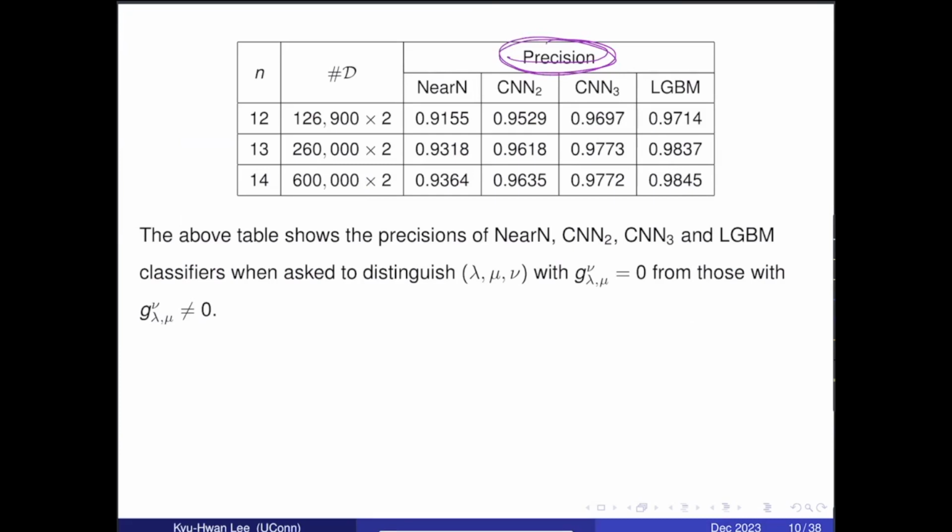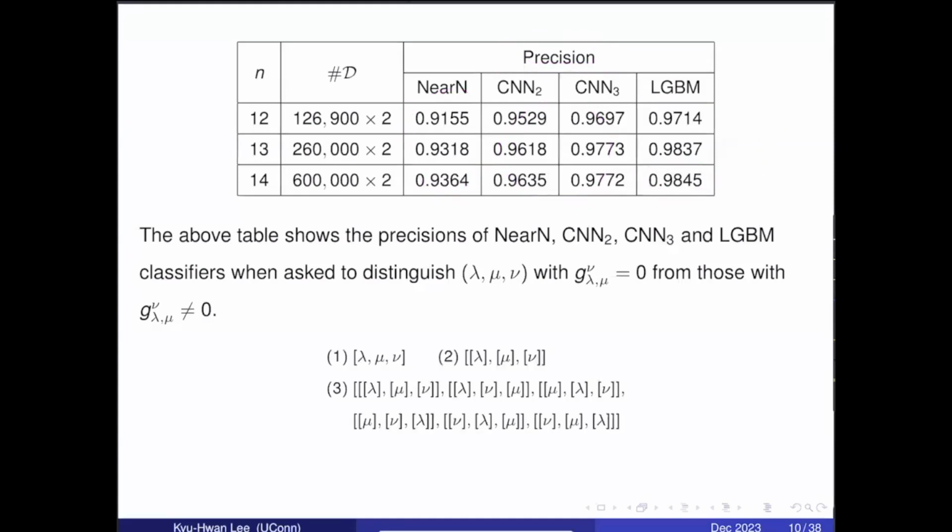Nearest neighbor gives us about 93% precision, the CNNs give us about 96 or 97% precision, and LightGBM gives us about 98% accuracy. So it worked very well.